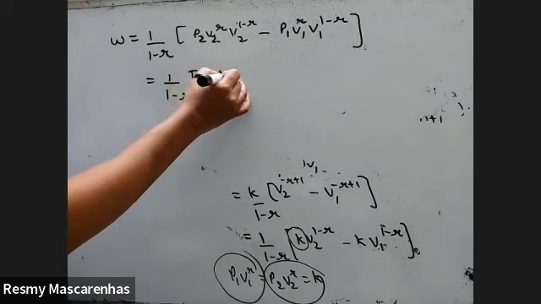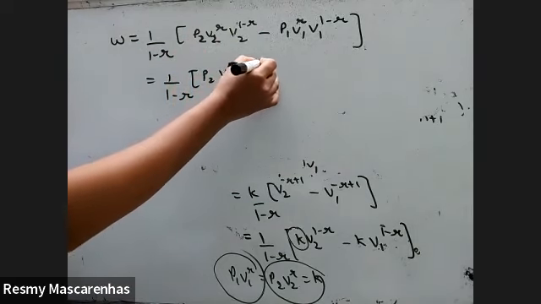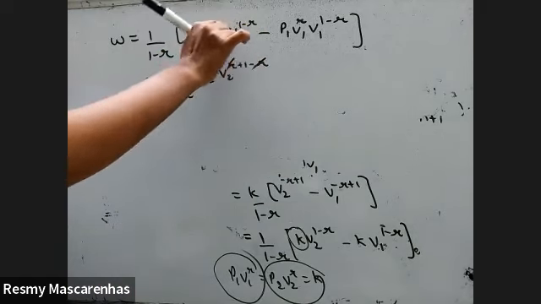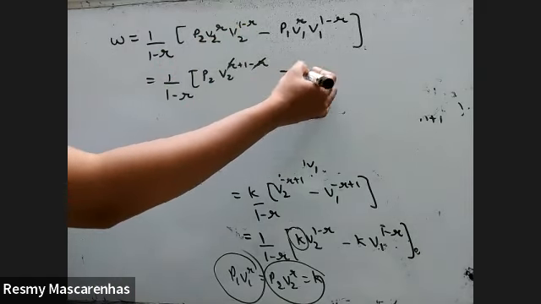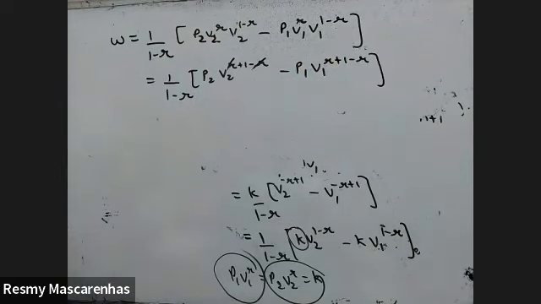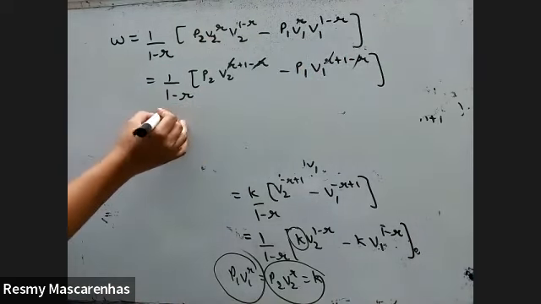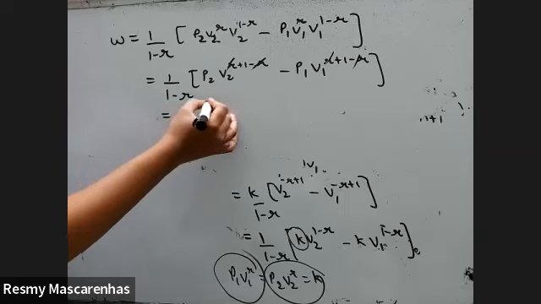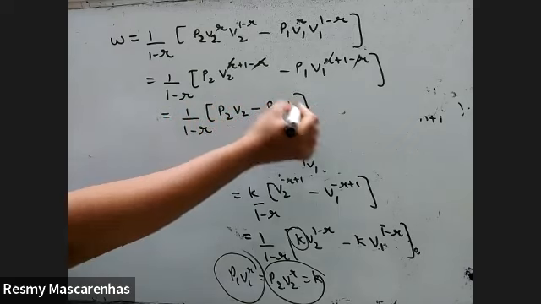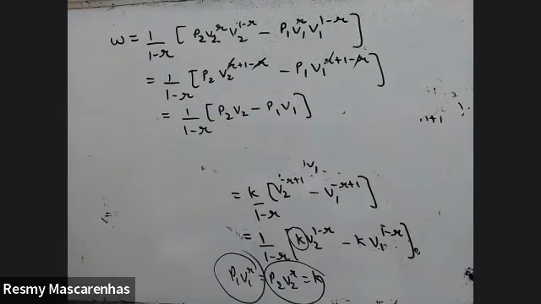So P2, V2 raised to R plus 1 minus R. This and this will cancel. All the powers are of the same variable, so I can add the powers. So R and R will cancel. So what remains is P2 V2 minus P1 V1.